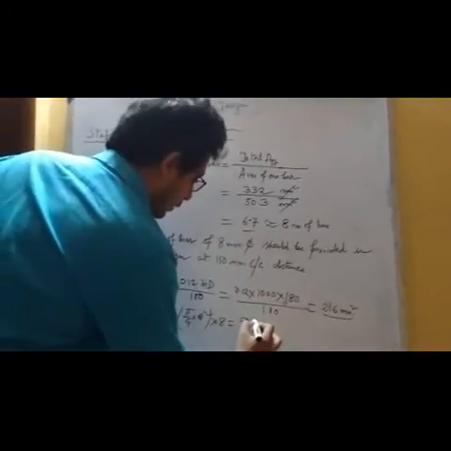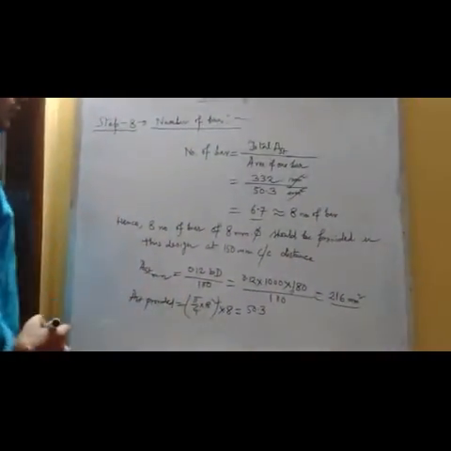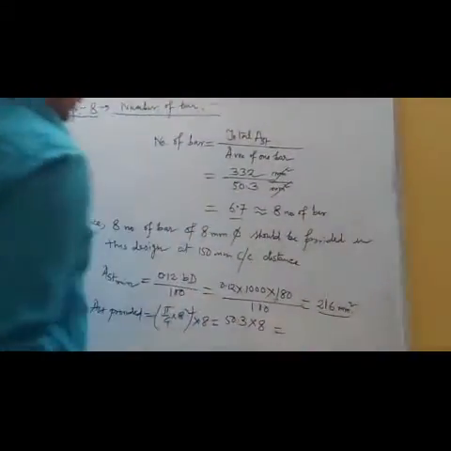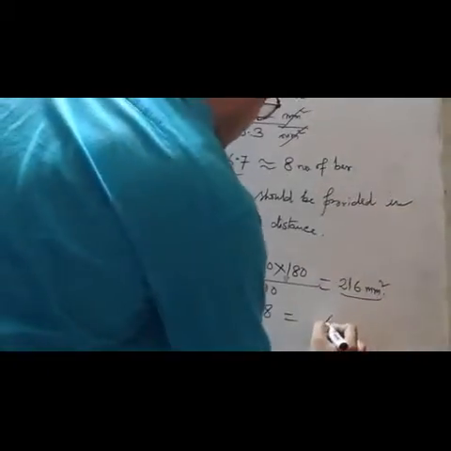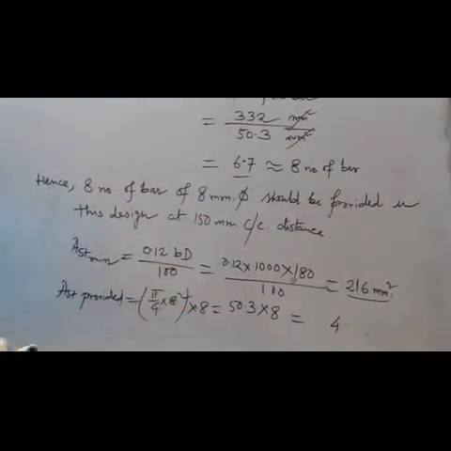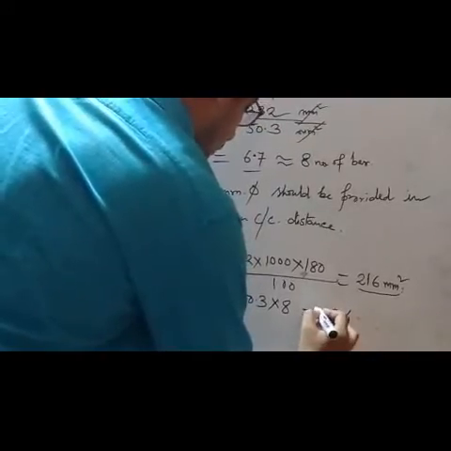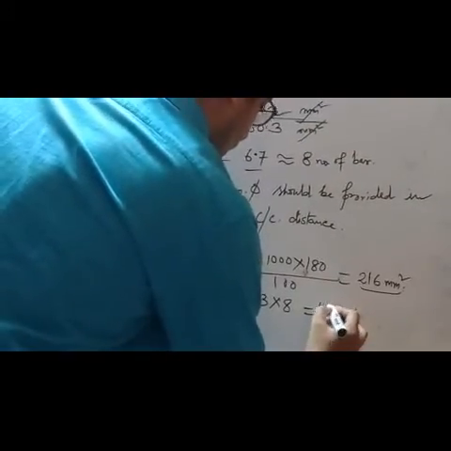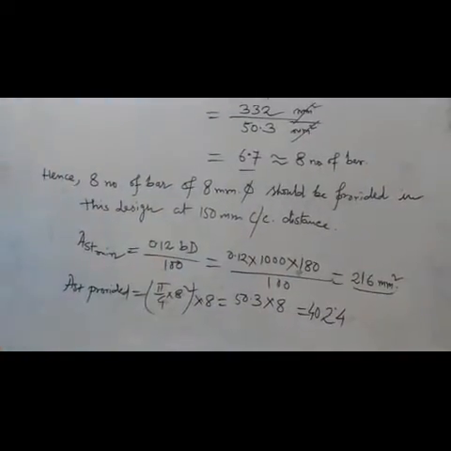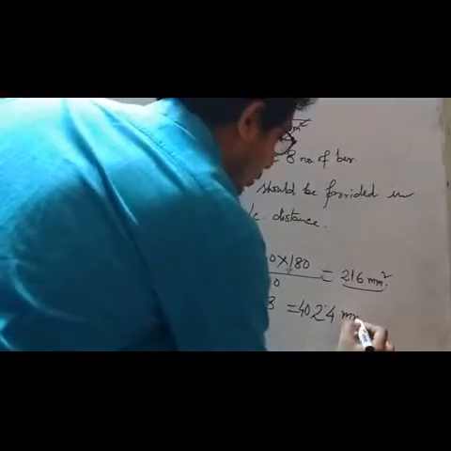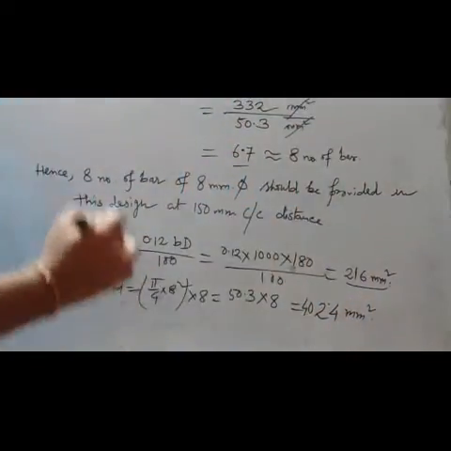We know that the area of one bar is 50.3, so 50.3 into 8 is 402.4 millimeter square, which we have already provided.